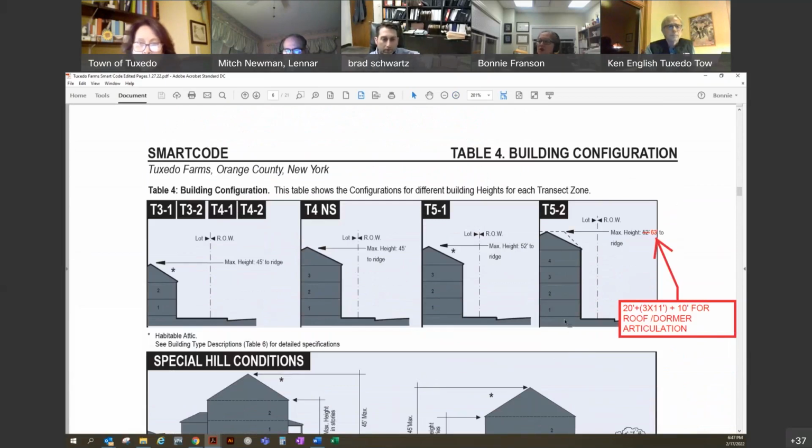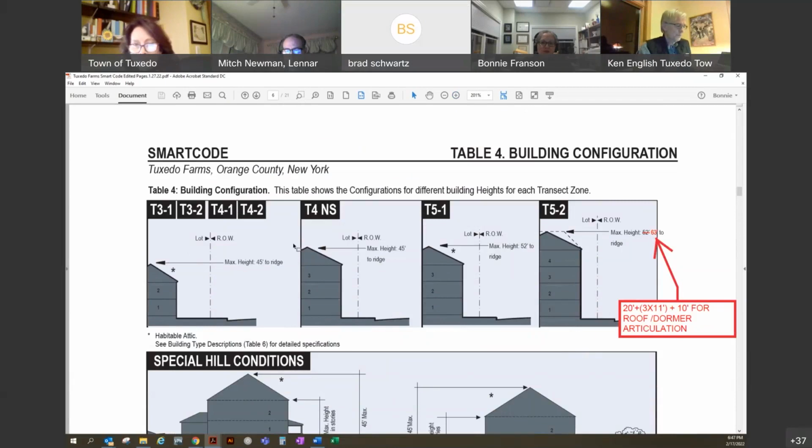Four-story buildings are allowed, and the maximum height was to be 52 feet, and now it's proposed to be 63 feet. In the past, the town board made a request to the fire district, and there was some discussion about sprinklers for these buildings.